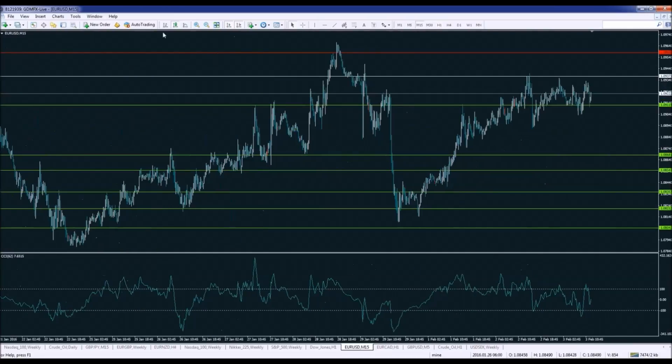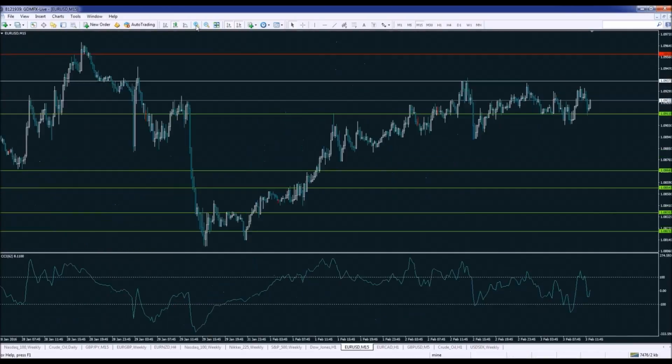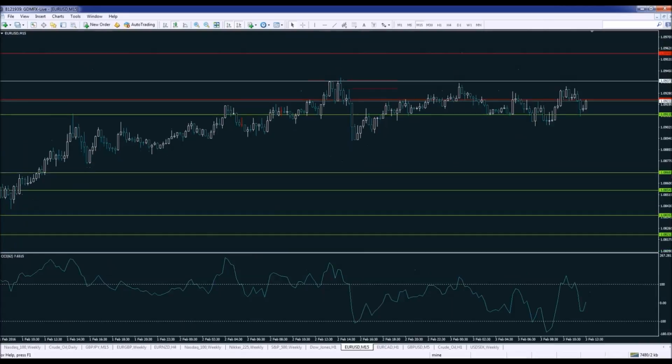Going down to 15 and accordingly prepping it for our trading, as you can see, there are a lot of support areas coming very close here. You can see that the levels that we've drawn, when we actually start following, correspond very accurately.